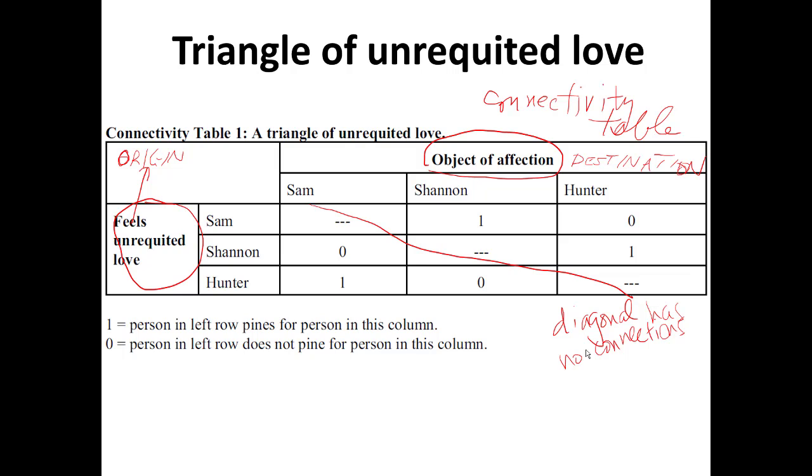So this is a way to represent what we just saw on the previous table. The benefit of this is that it can then be plugged into a spreadsheet, which is kind of nice. At the same time, when you have this information, you can also go back and draw the directed graph that we saw on the previous slide.